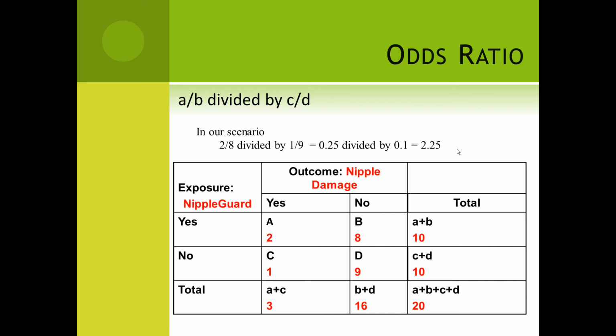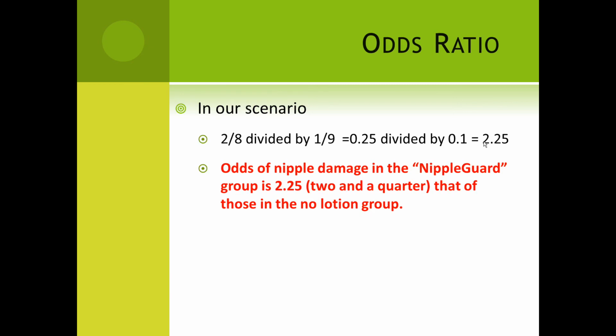So the odds ratio is 2.25. What does that mean? It means that the odds of nipple damage in the nipple guard group is 2.25 times that of those in the no lotion group. More than twice. So they have more than twice the chance of getting nipple damage if they use the nipple guard lotion.